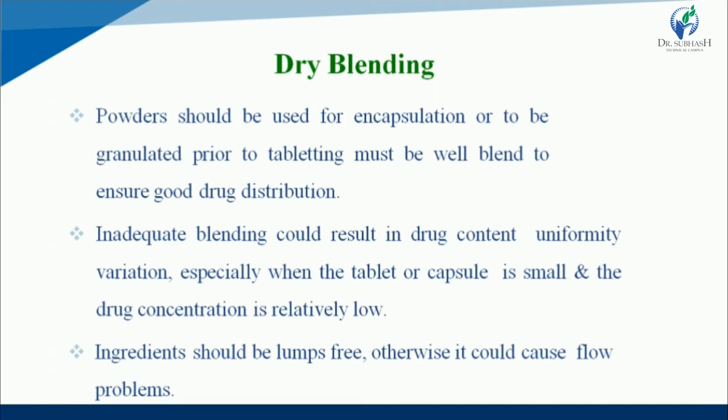Last one is ingredients should be lump free, otherwise it could cause flow problems. That means any excipient used for tableting purpose should be lump free. It doesn't contain any type of lumps, otherwise it affects flow.